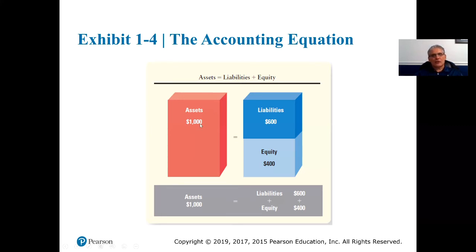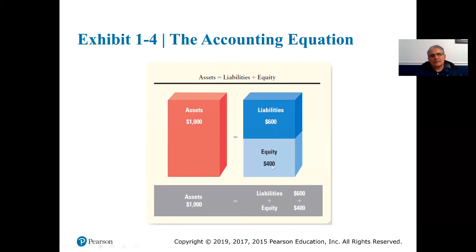But if you owe $600 against those assets, let's say you borrow money from a credit card and you owe some money to your mom or your dad. So you use $600 given to you by your credit card or by your parents, and you use that money to purchase those assets. Well, you bought an asset. That means you must have had about $400 that you put in yourself.